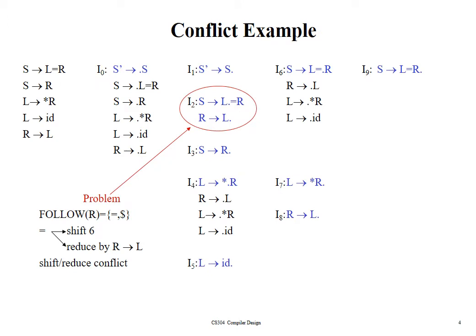Consider this example. This is an example of a grammar which has a shift reduce conflict. The given set of productions is: S gives L equal to R, and S gives R; L gives star R, L gives ID; R gives L. While we construct an SLR parser, initially we construct the canonical LR0 collection, that is the item construction.